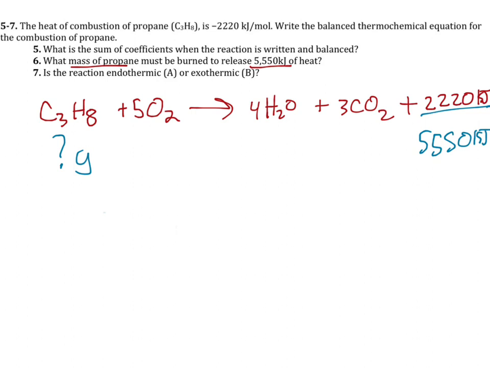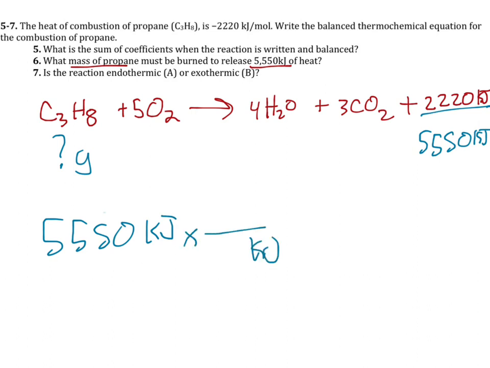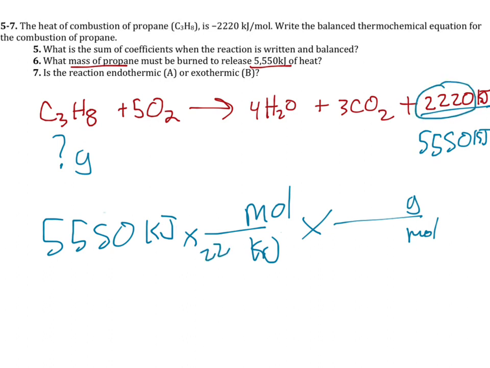So we have 5,550 kilojoules. We're going to go from kilojoules of energy to moles, then we're going to go from moles to grams. When we go kilojoules to moles, we use the coefficients. Here's the coefficient for kilojoules, 2220, and this is a negative 2220.